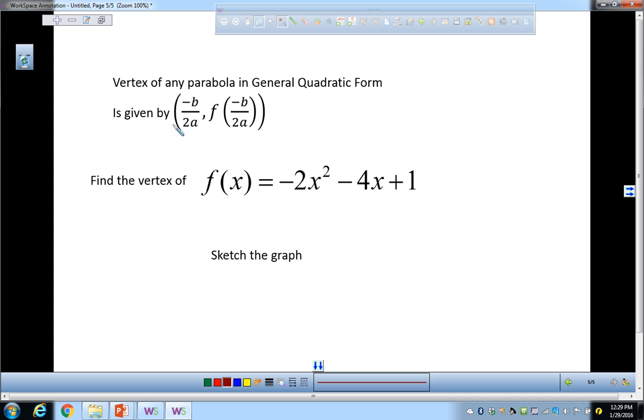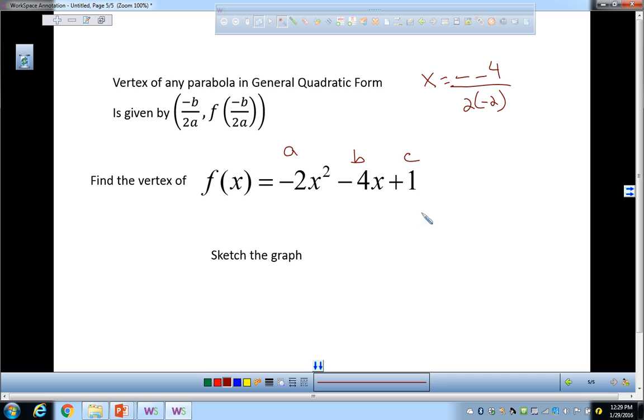So what that means is find the vertex of this. This is A, this is B, this is C. So the vertex is going to be at x equals negative 4 over 2 times negative 2.